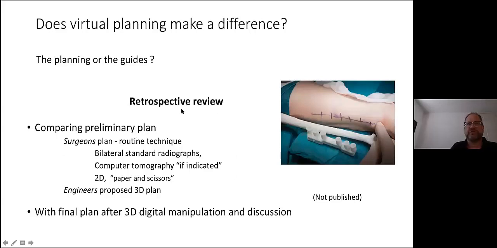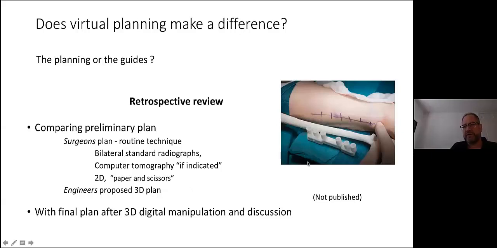And it's just a retrospective review where what I did was that I usually have a plan before I talk to the engineer, and of course she makes a preliminary plan in the computer. So then when we talked, we looked at how we originally planned and how it turned out. Did we really change something during our session?